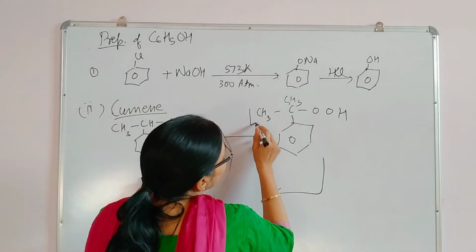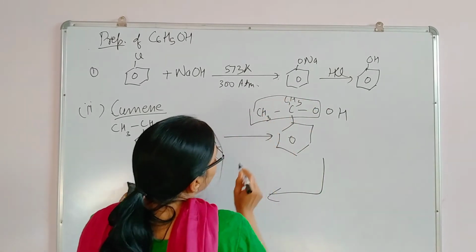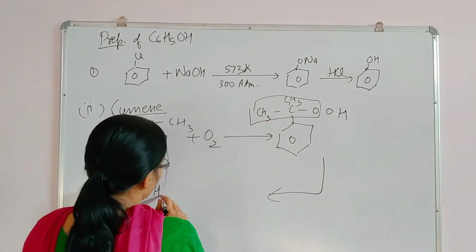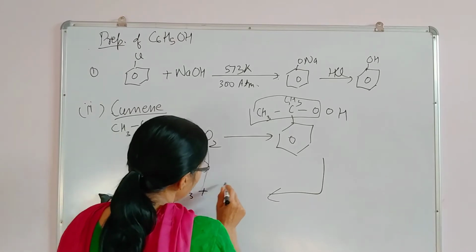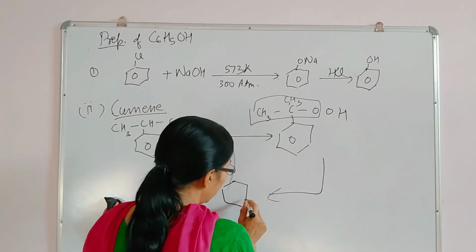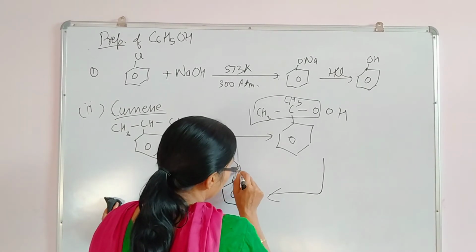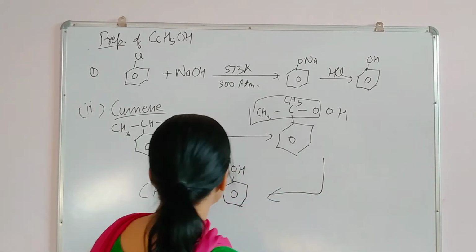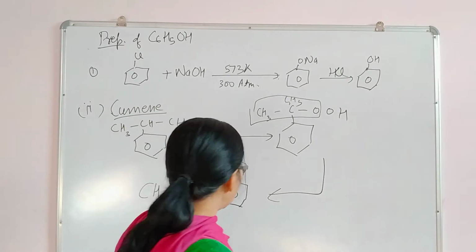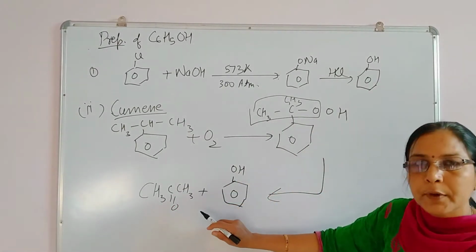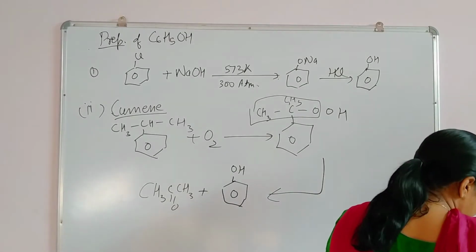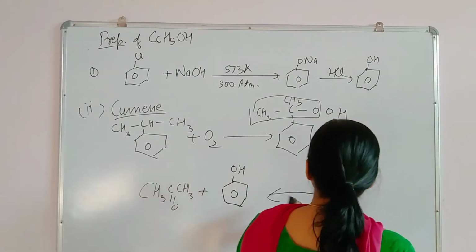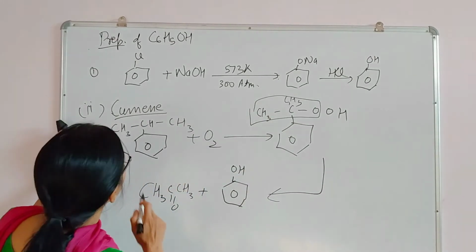Now it will give this compound separate, CH3COCH3, and phenol will be separated. So again you have to revise this preparation method in the next chapter, as it is preparing acetone also. Okay, so this compound phenol will form by cumene.